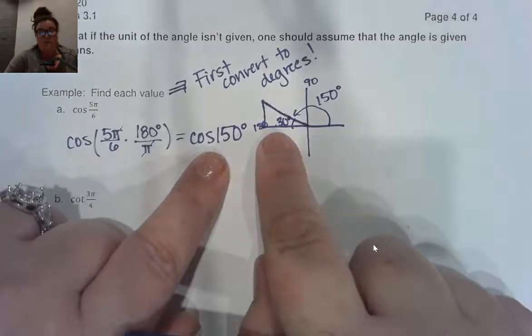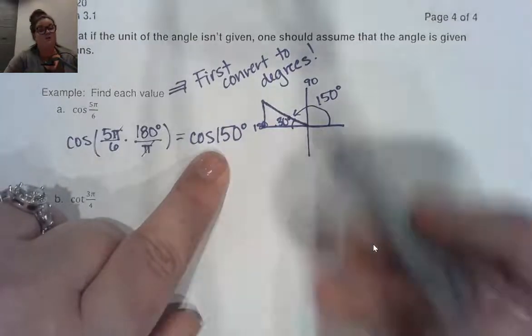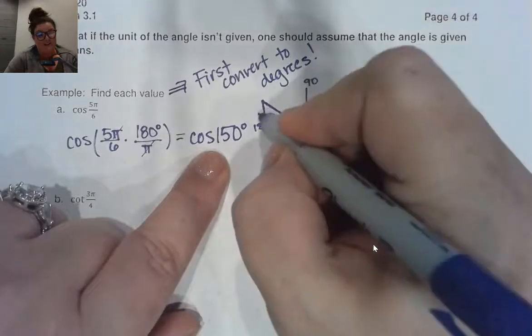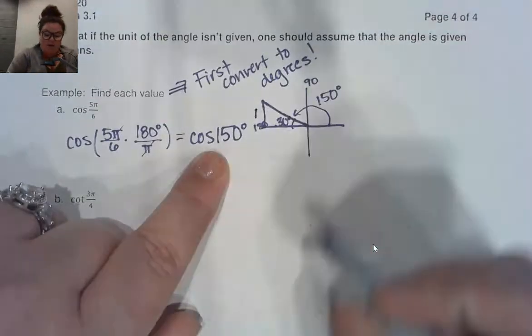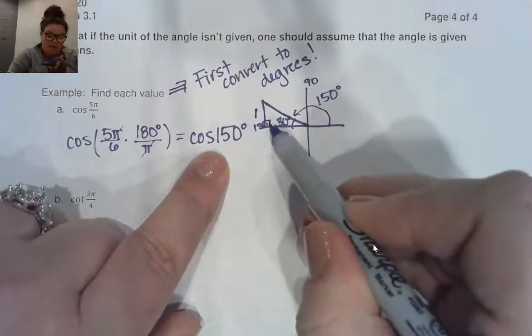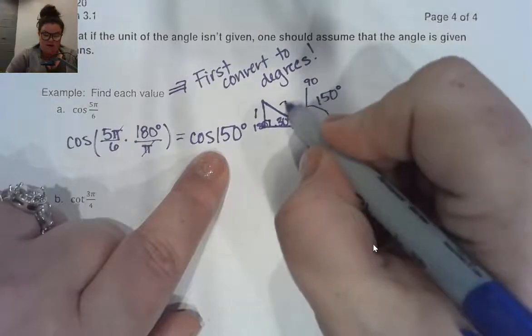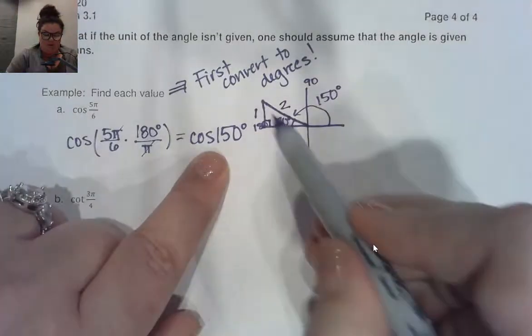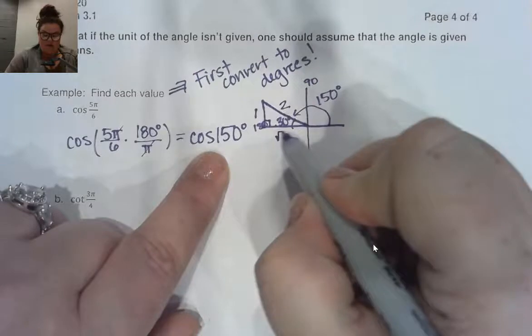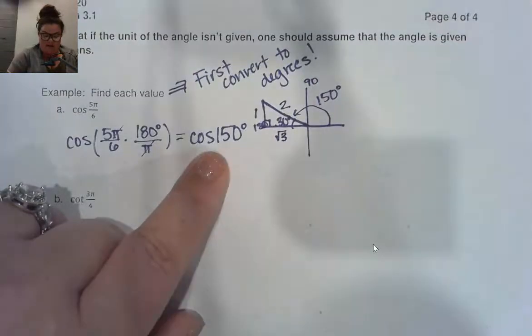And then we should be able to label this, because we know our 30, 60, 90 degree triangle like the back of our hand, right? Opposite the 30 is a 1, and then opposite the 90 degree angle is a 2, and then opposite the 60 side would be square root of 3, right?